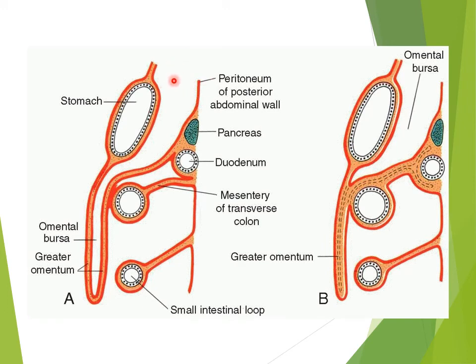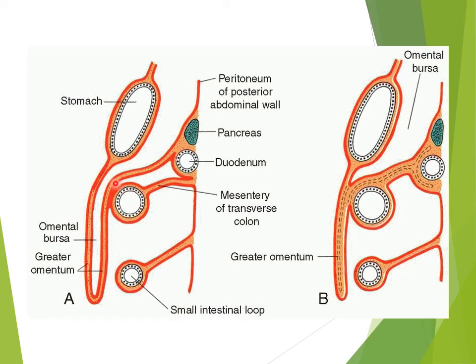And here you can see its inferior portion is going to have a superior recess and this inferior recess of the omental bursa. But this inferior recess is going to obliterate very soon when the two internal layers of the greater omentum fuse together.